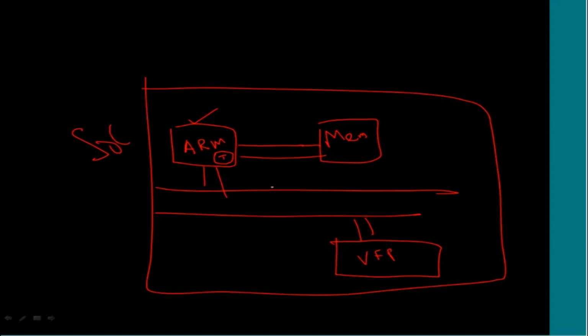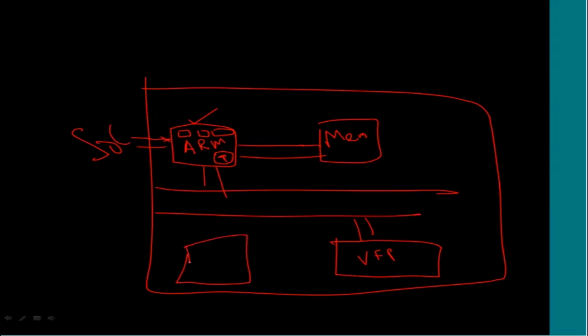We saw what ARM does and what the pipeline structure is, and then all the ARM instructions including the Thumb state instructions, and then we saw how interrupts are handled. The interrupts can come from the outside world or it could be some of the peripherals inside the chip, doesn't matter.